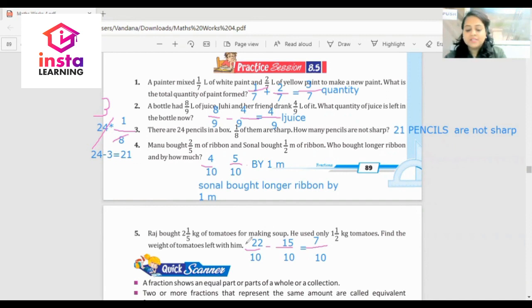It means it's your number 22 upon 10. You have to make the same denominator, minus 15 upon 10. So you will get the answer in fraction, 7 upon 10. It means the weight of tomatoes left with him. That is your answer. Okay, 7 upon 10.